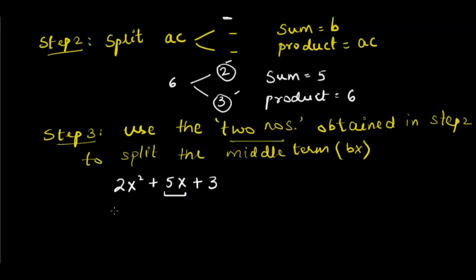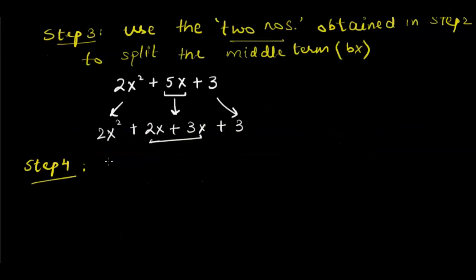So the first term comes as is, 2x squared. The second term, 5x, is going to be written as 2x plus 3x using these two numbers. And the third term, the c value, 3, comes as is. So the middle term is split into two terms using the numbers we obtained in step 2.